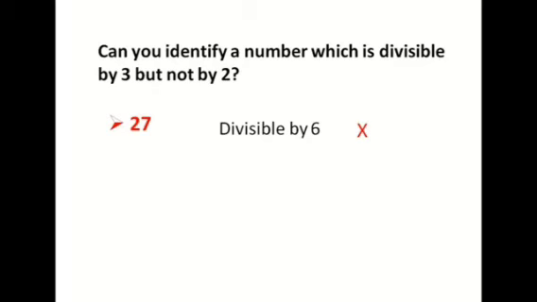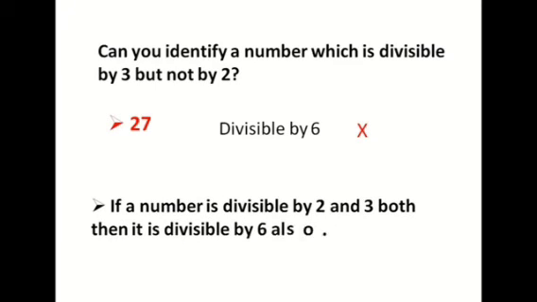And the third one you checked right now, a number which is divisible by 3 but not by 2 is not divisible by 6. So what can we conclude? We can conclude that if a number is divisible by 2 and 3 both, then it is divisible by 6 also. And this is the divisibility rule of 6.